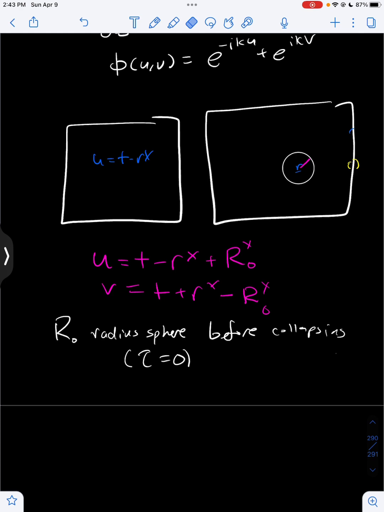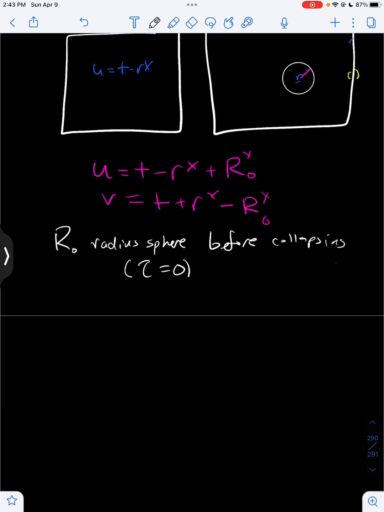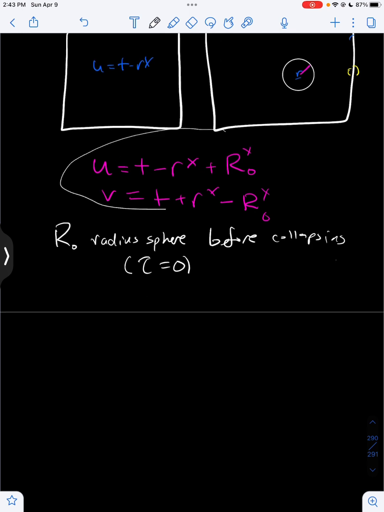Now, r naught is the radius of the sphere before collapsing. And then r naught conjugate is just the tortoise coordinate version of the actual sphere radius. Now, since these coordinates are valid outside the sphere, what about inside the sphere? Well, for inside the sphere, we use a different coordinate chart, right?